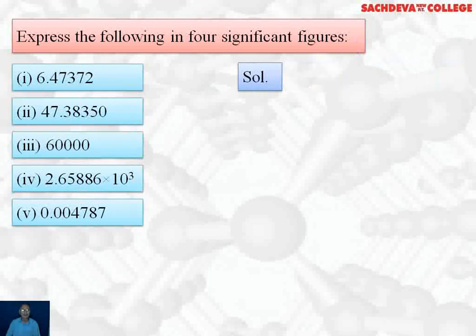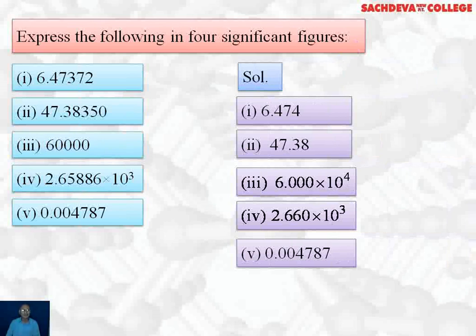Now when you want to express in four significant figures, what we do, in the first case we write 6.474. Why are we writing 6.474? Because there is 37. 7 is more than 5, and when a number is more than 5, the 3 should be changed to 4.